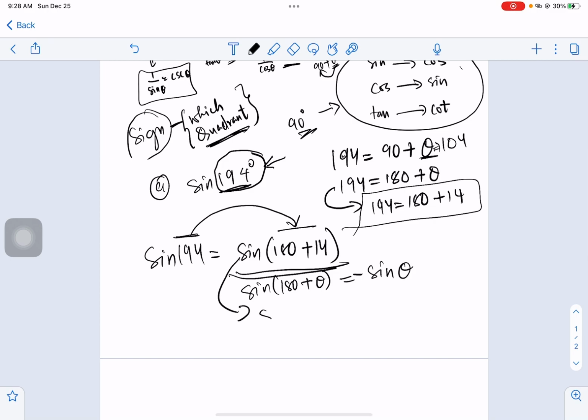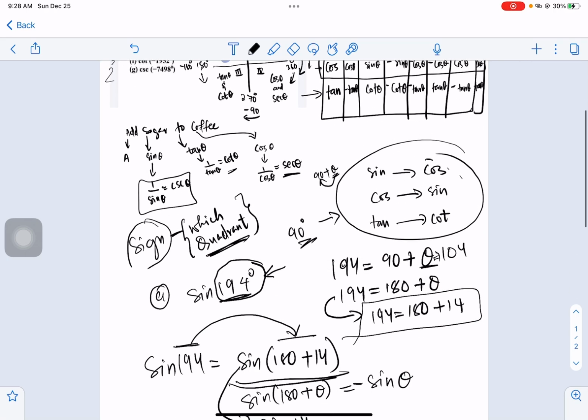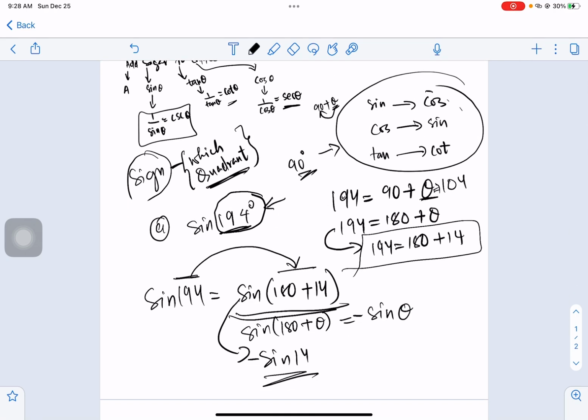Hence, this will be written as negative sine 14. So this is how you represent the function of angles less than 45. If you punch in negative sine 14, it will be the same answer as sine 194.